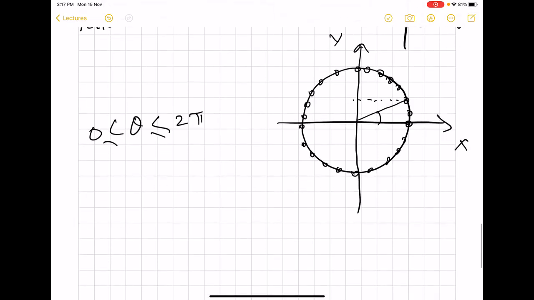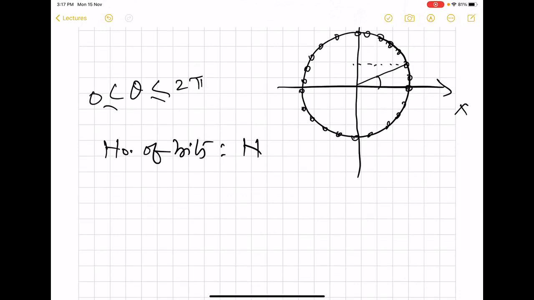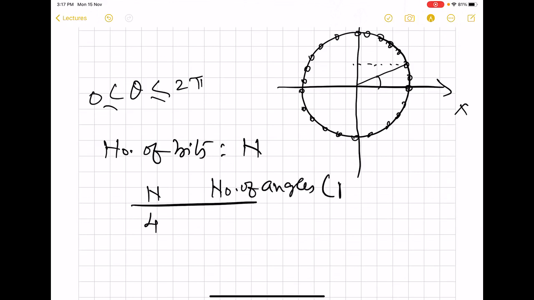So we can first choose a number of bits that can be used to store the number of these angle informations. So for example, if we take n is equal to say 4, so if we take 4 bits to store these angle information, then we will be able to store 2 raised power 4 is equal to 16 number of angles.